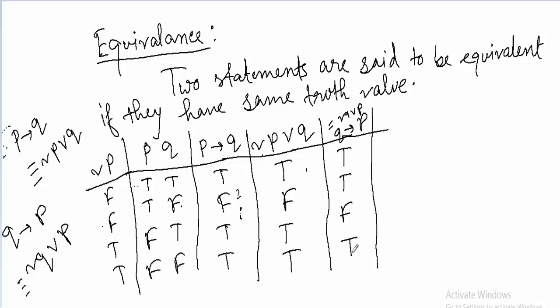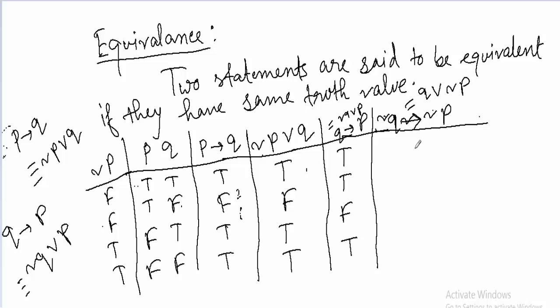Now we'll find the truth value of the contrapositive. So what is the contrapositive? Contrapositive is not Q implies not P, and we can write it like this, equal to Q union not P, right?